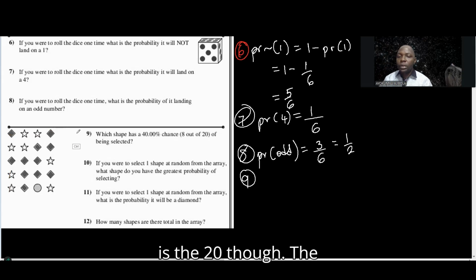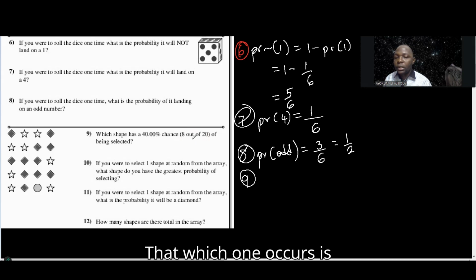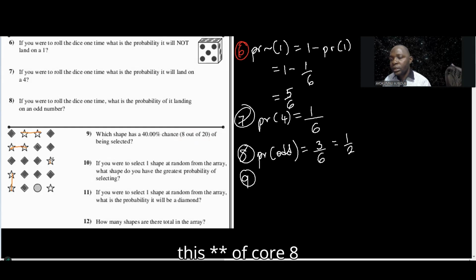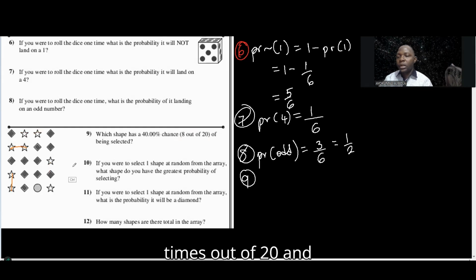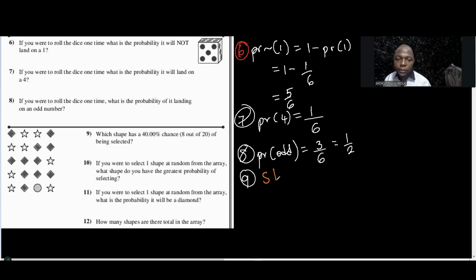So 20, though we've been given the probability already. Which one occurs 8 times? One, two, three, four, five, six, seven, eight. I think this star occurs 8 times out of 20, and that's 40%. So that is a star.